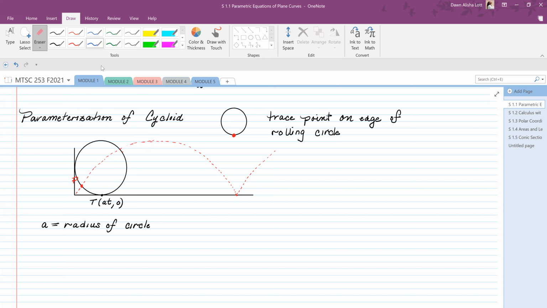Okay. Here is the center of my circle. Here is my point P. So I'm going to go from there to there.